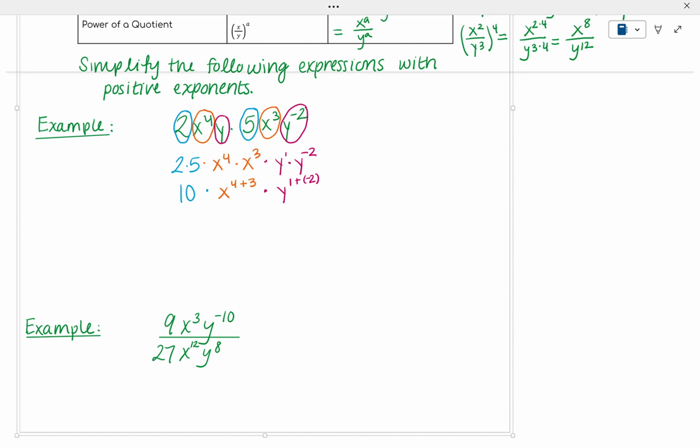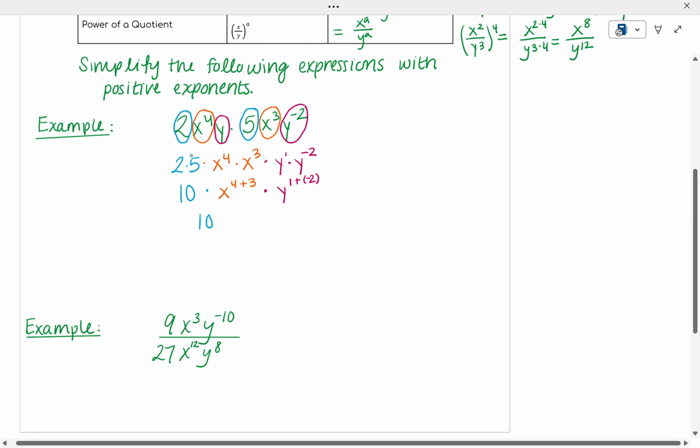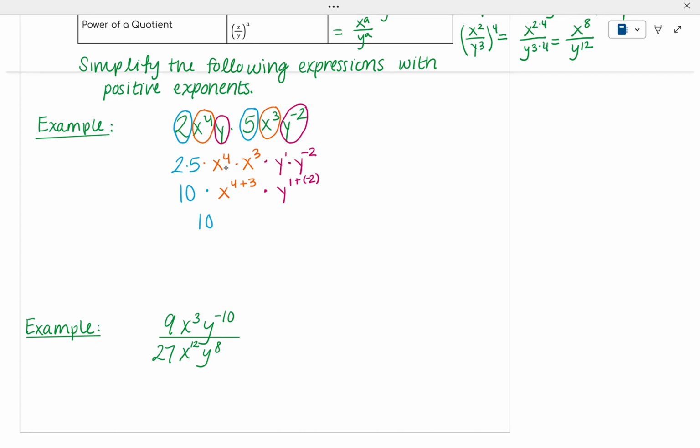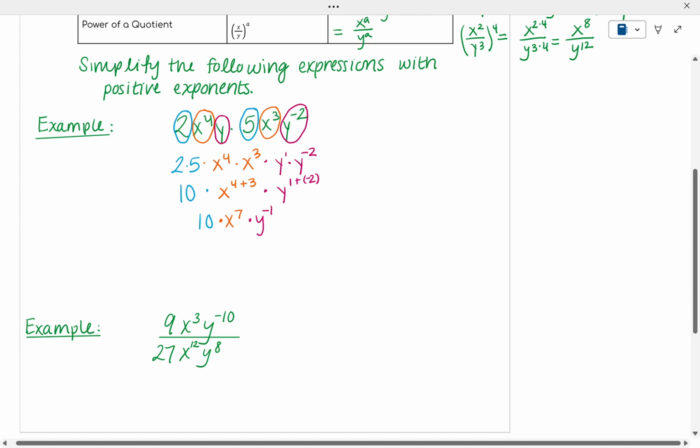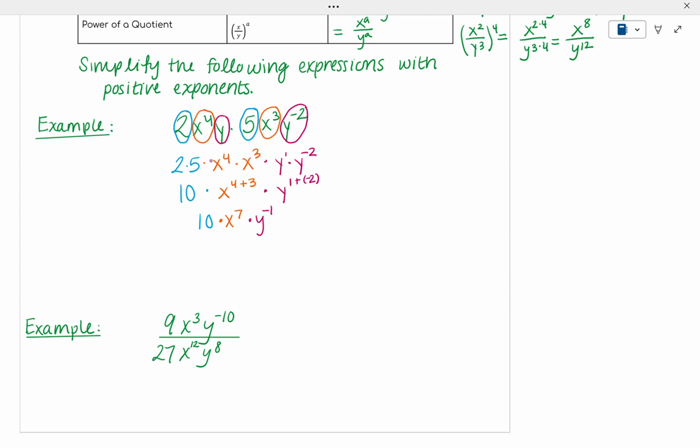So then this becomes 10 times x to the 7 times y to the negative 1. And we still want to make all the exponents positive, so we have one more step to take.